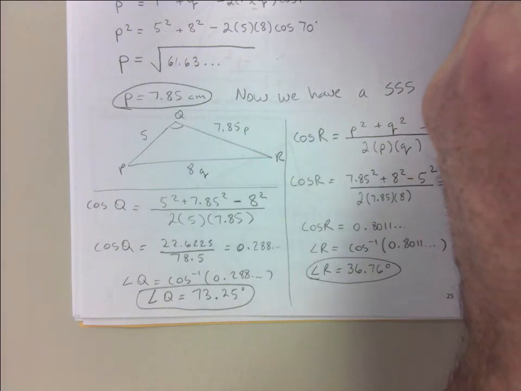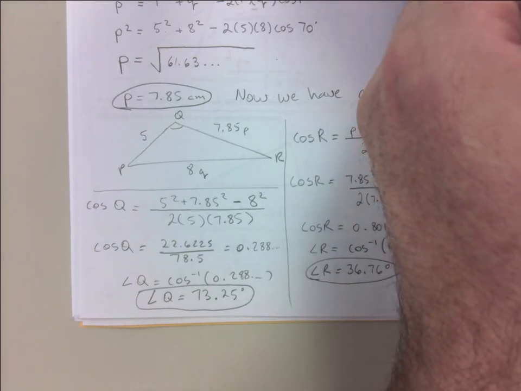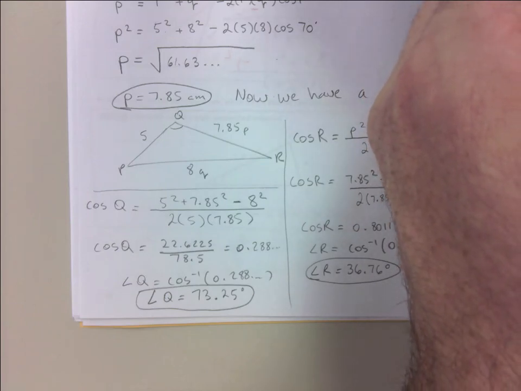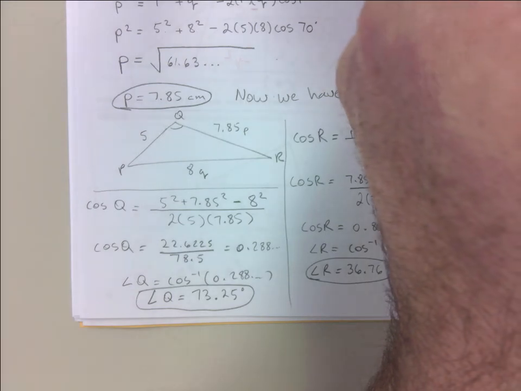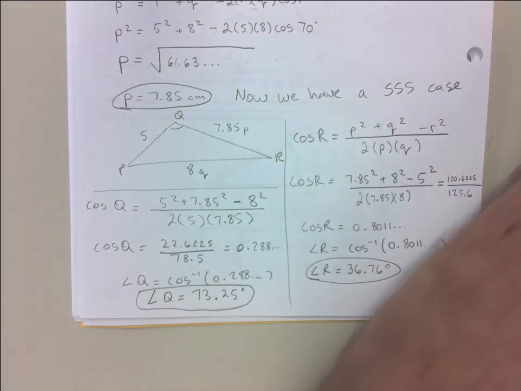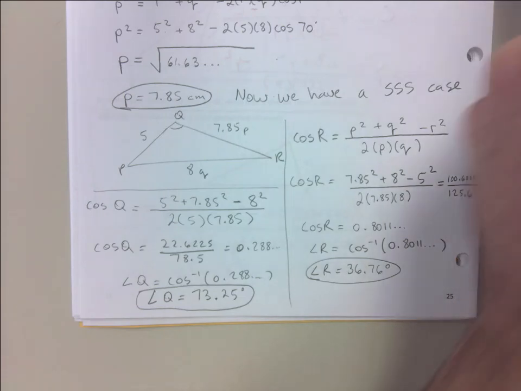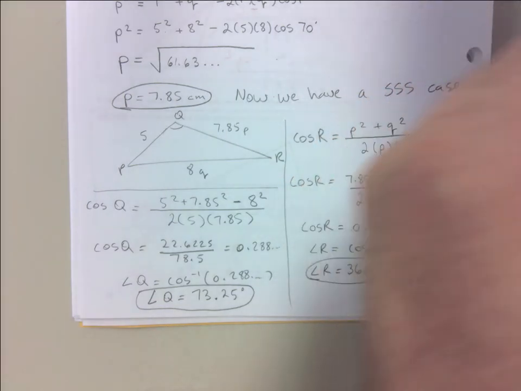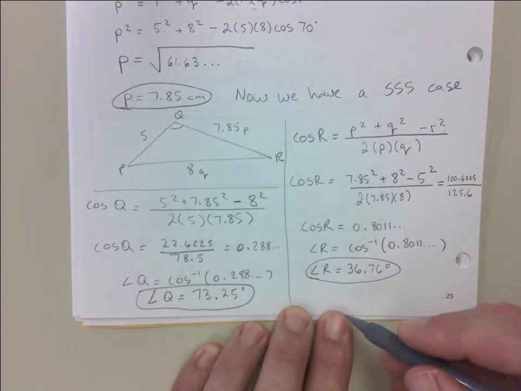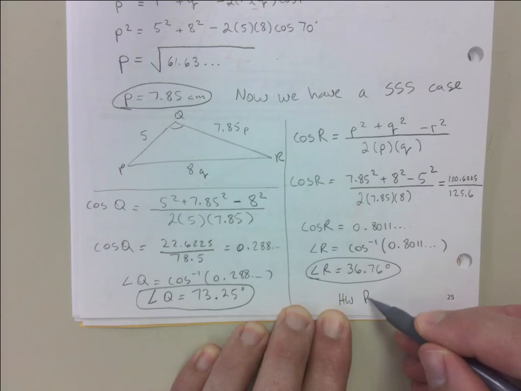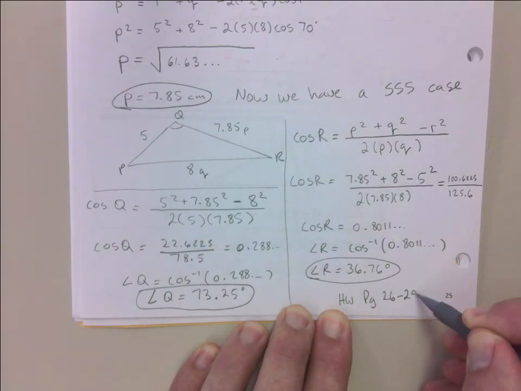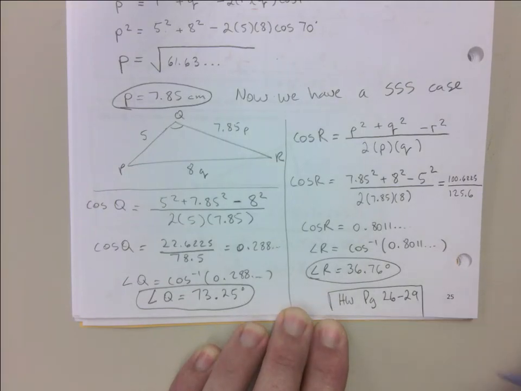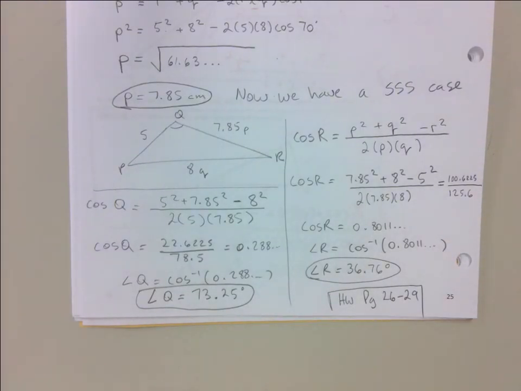So I'm going to assign 26 to 29. 26 to 29. This is all cosine law, okay? You still got about 9 minutes if you want to get started on it. It's probably a good idea.